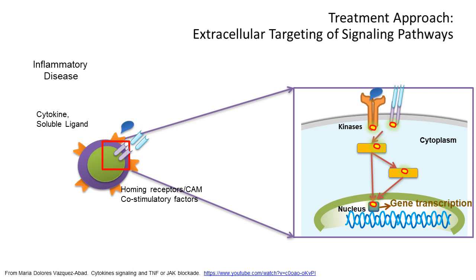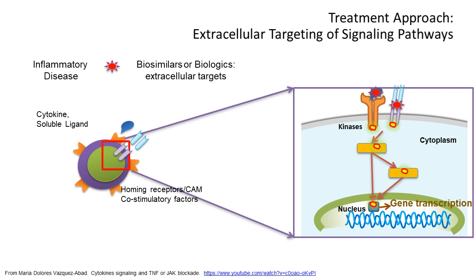So this activation is a chain of events that begins with the extracellular engagement of the receptor on the cell. Biosimilars and biologics will work on blocking that first interaction. These are large molecules. They do not penetrate the cell, but they could bind the ligand.